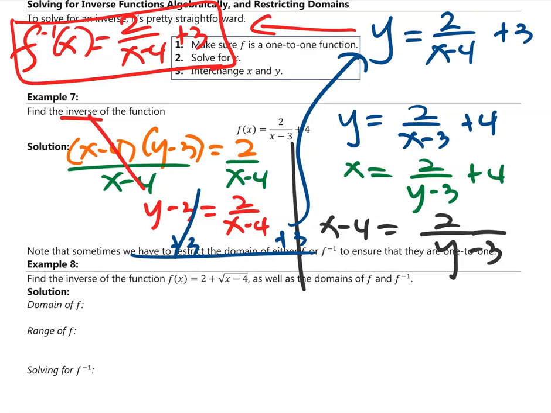Given f of x equal to 2 over x minus 3 plus 4, I wrote it in terms of y equals 2 over x minus 3 plus 4, and then switched x and y, and then I isolated y, solved for y, and then that y is now your f inverse of x. Okay.